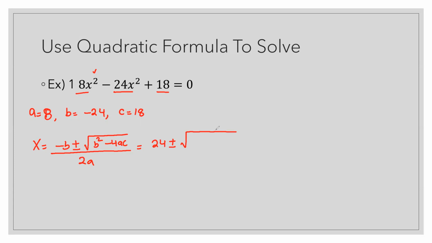What's negative 24 squared? That is positive 576, minus 4 times ac, where a is 8 and c is 18, all over 2a.